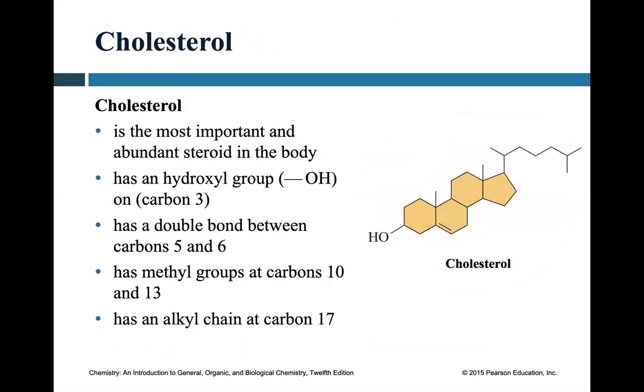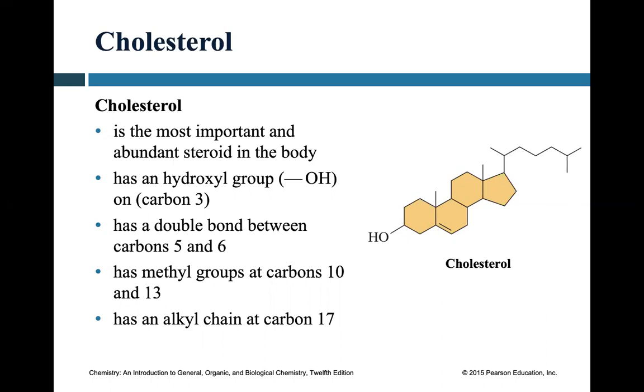So we'll go through a couple of examples of particular steroids. The first being cholesterol, right? Usually we hear cholesterol talked about in a negative way. That's because high levels of cholesterol can lead to heart disease and then hardening of the arteries and everything else that goes along with high cholesterol levels.